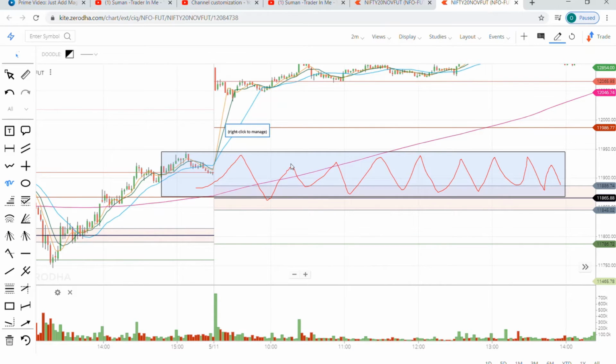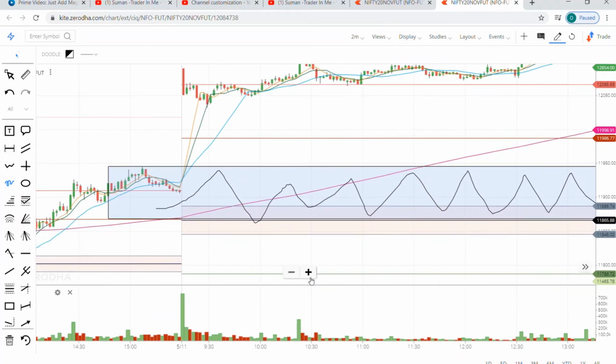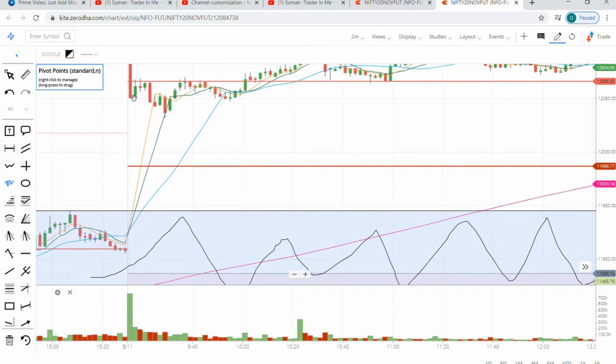Why I'm doing the same strategy multiple times continuously is to make sure that you understand the concept and you practice it, right? Now let's see. The moment the 2 minute candle on the next day opened here, we know it is bullish, right? Why do I call it bullish? Because you see the market closed here.